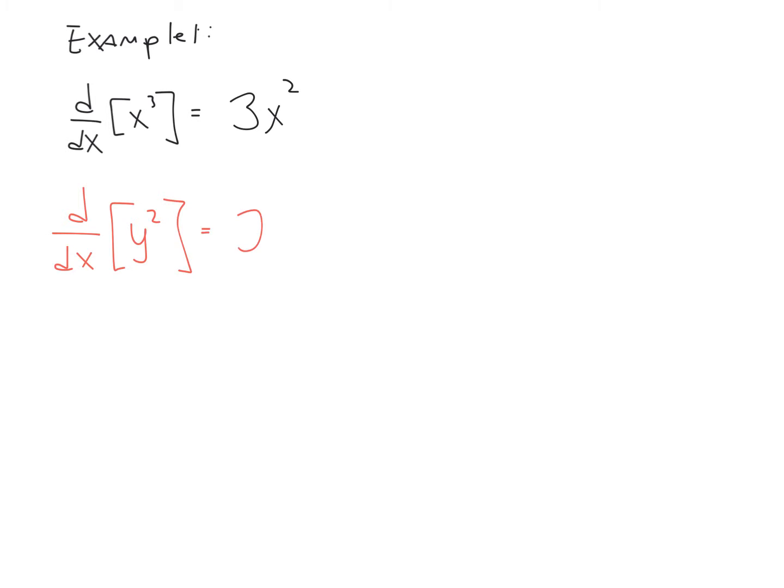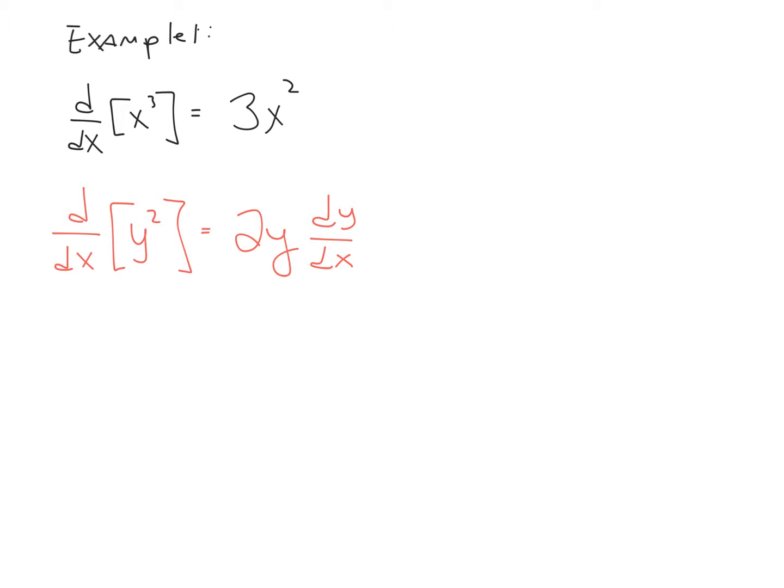So this would become 2y. But because this y does not match this x, every time this doesn't match, we have to put a dy/dx at the end of it. And that's multiplied, but we don't write the multiplication. So the derivative with respect to x of y squared is 2y dy/dx.